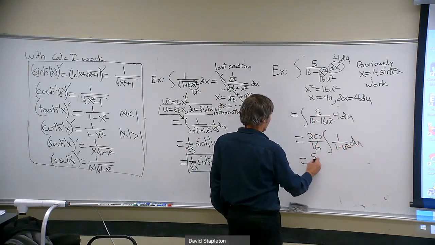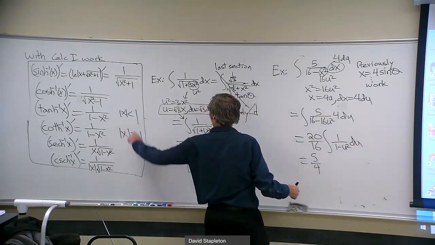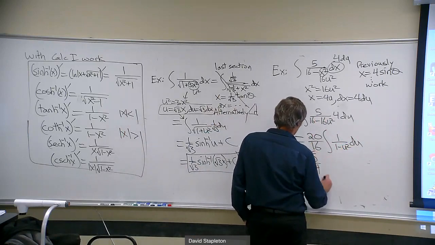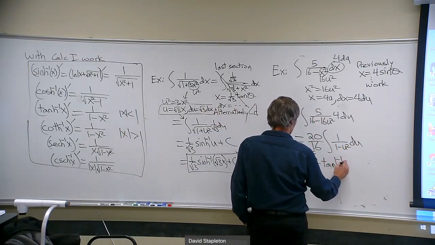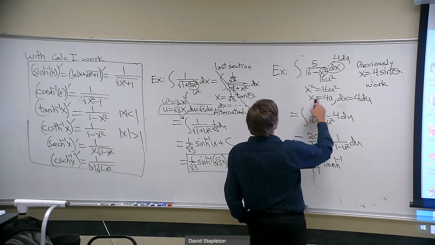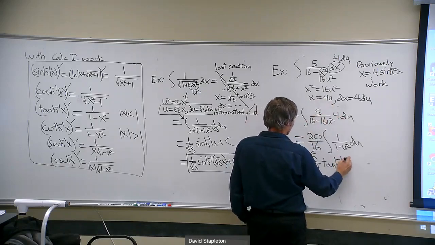Well, this is just 5/4 on the outside times the integral of 1 over 1 minus u squared. If we look back here, going backwards on the derivative is just inverse hyperbolic tangent of u plus a constant, where u was 1/4 x.